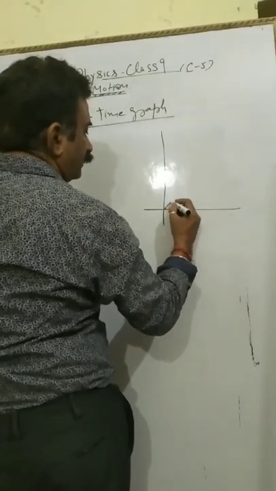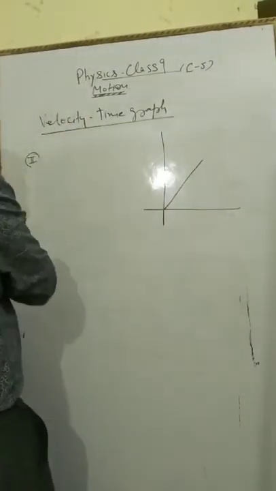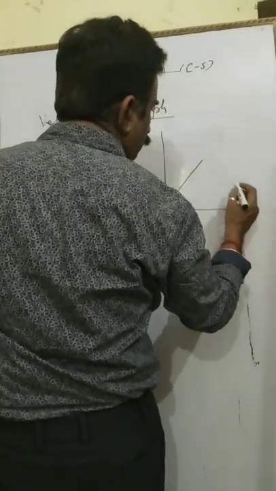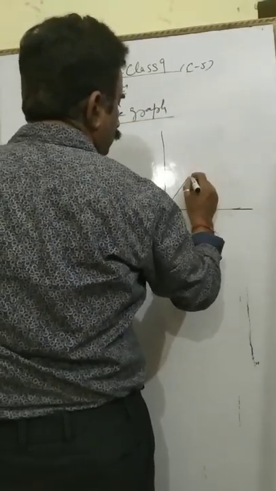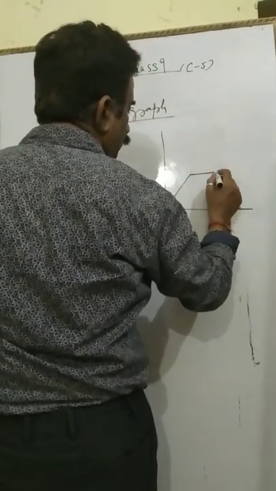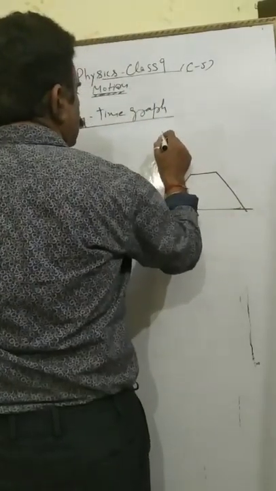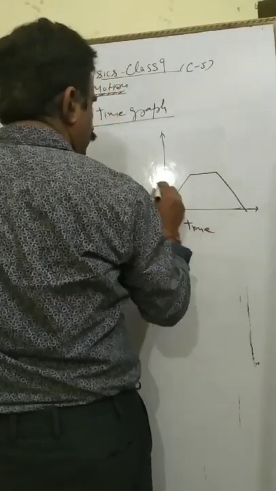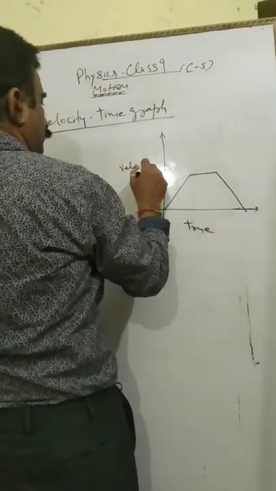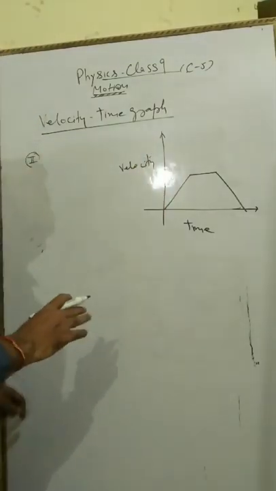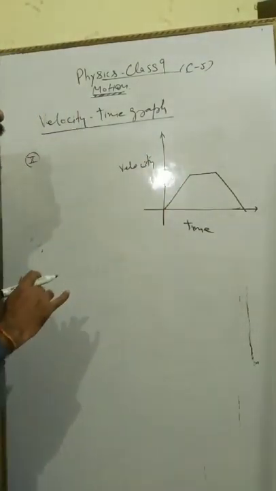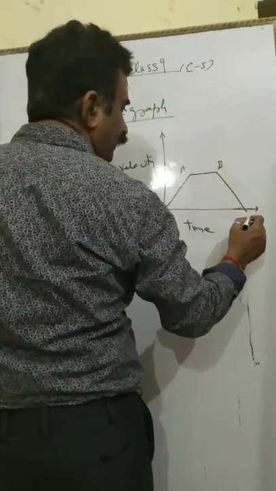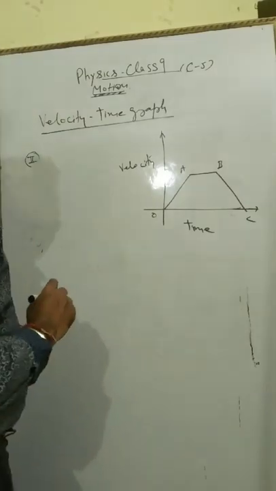One more thing, the second thing we can get from the VT graph. If the graph is like that, a little bit different type of graph, even though it is a velocity graph, here I will divide the graph into 3 parts.